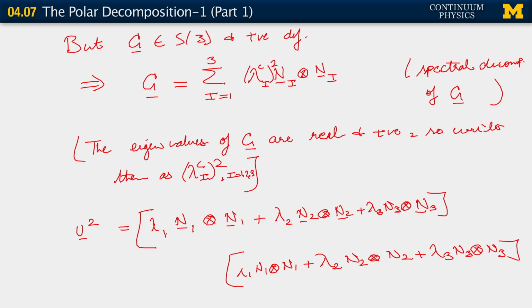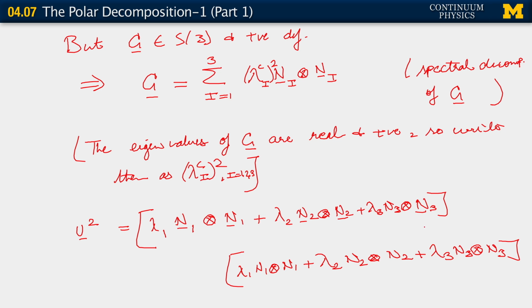When you carry out this product, therefore, what you're going to see is that n1 dotted with n1 is going to give you 1. But n1 dotted with n2 is going to disappear. It's going to give you 0. n1 dotted with n3 is going to disappear. Likewise for all the other products.